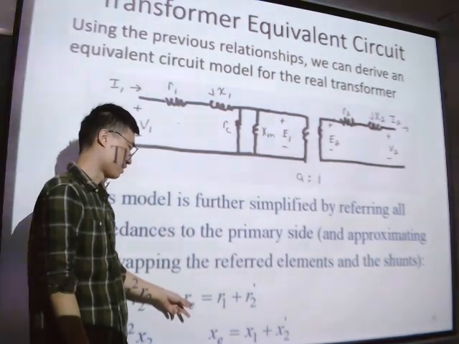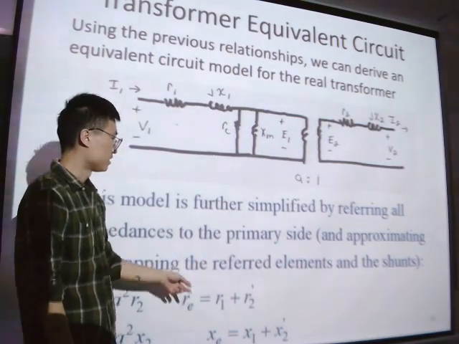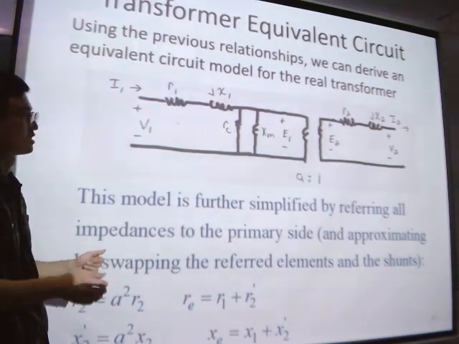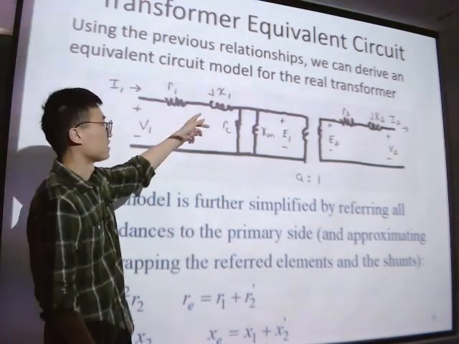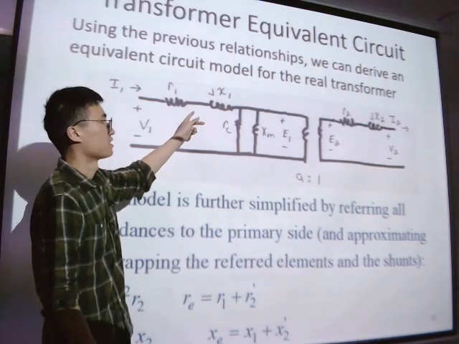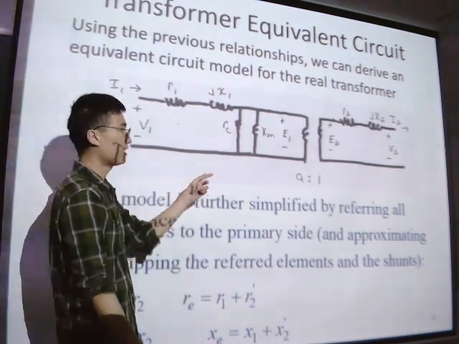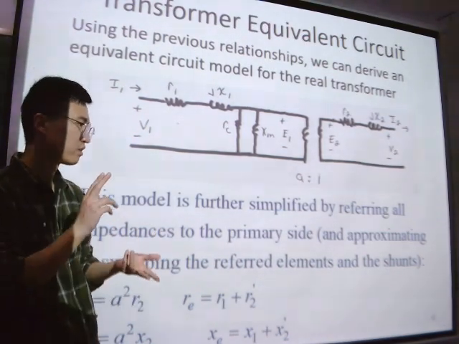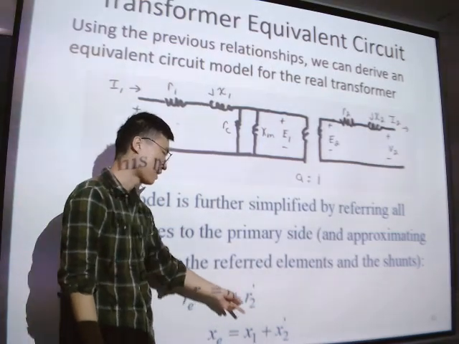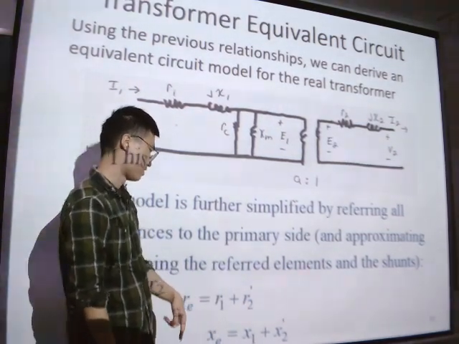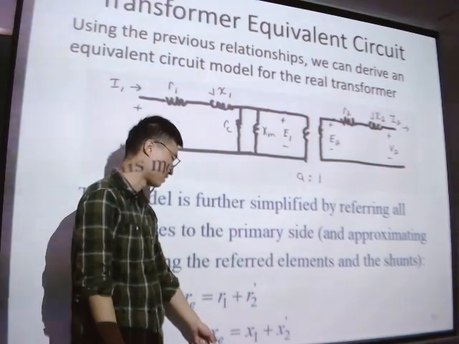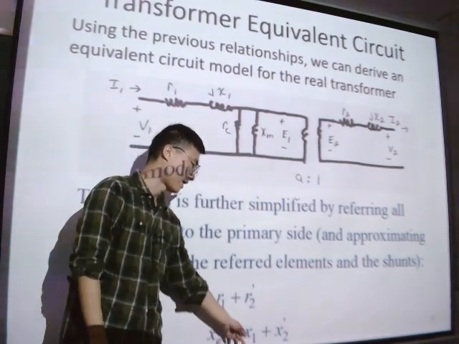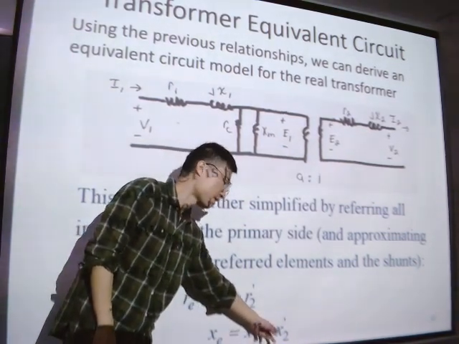So we call it Re, right? It expresses the whole transmission impedance of the whole network, okay? So it includes the primary side impedance and also the secondary side. You can see the R1 and the transferred R2. In the same way, the sum of the reactance equals X1 and the transferred X2.